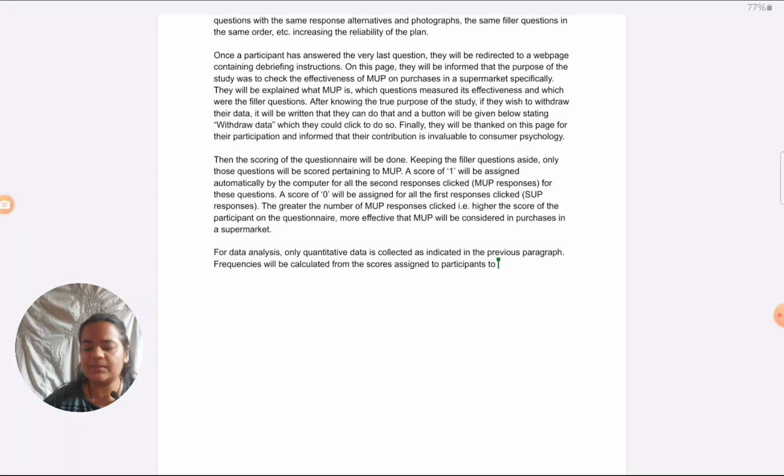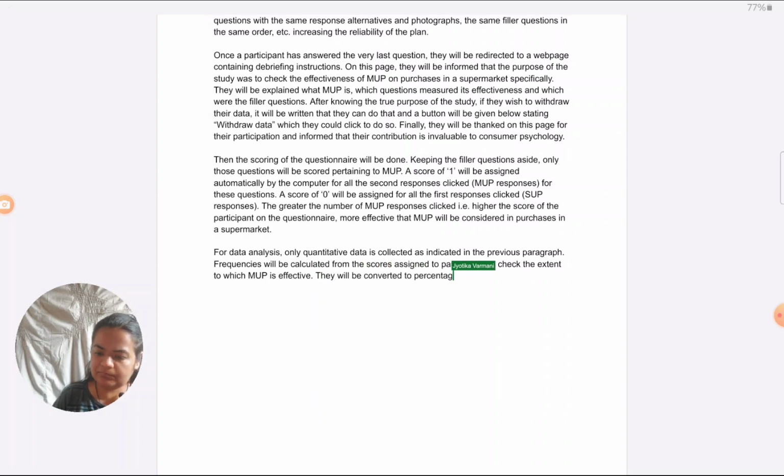So frequency will be calculated from the scores assigned to participants to check the extent to which MUP is effective. They will then be converted to percentages to get a standardized score. As we know, percentages are standardized of the effectiveness of MUP.